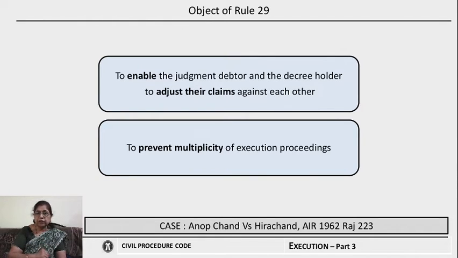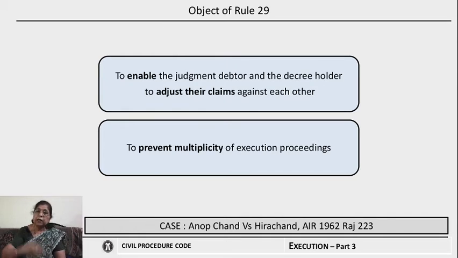Now, here the court says that whether the assignee has a power to file an application, number one, and whether the court has a power to grant the stay. Here, the object of Rule 29 was specified by the court, that was the Rajasthan High Court, where the claims of both the judgment debtor and the decree holder are in the same court by two different suits, that is, one is the decree which has been passed against him, and the judgment debtor files another case against the decree holder which is pending.